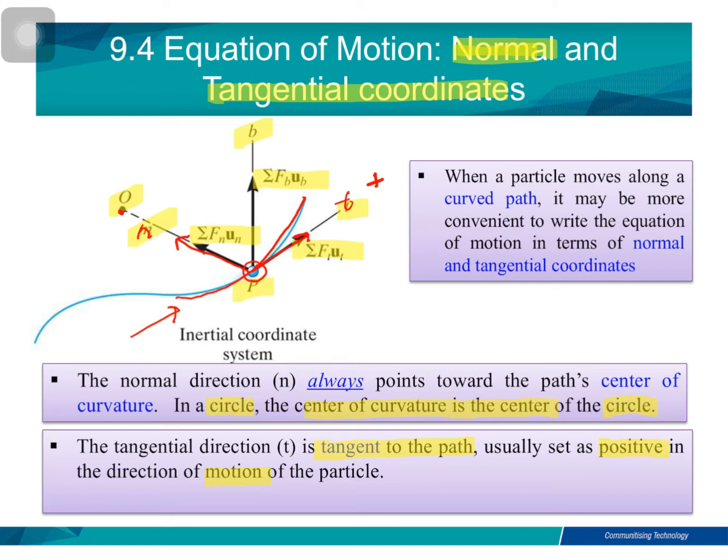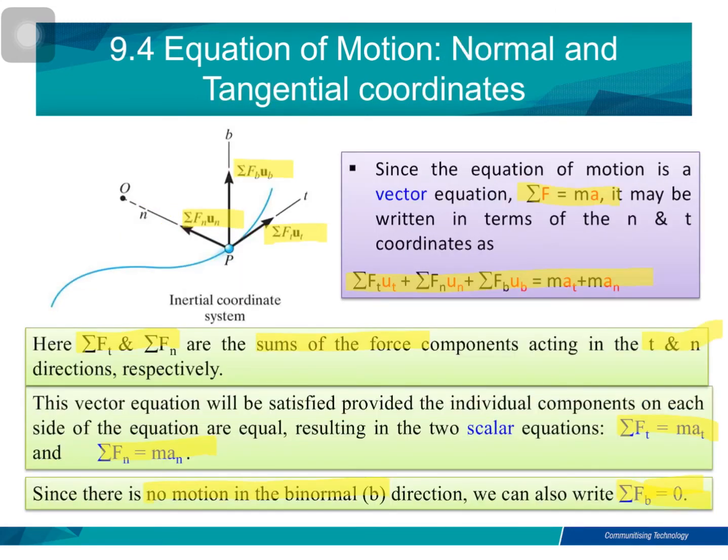When we have the tangent here and normal here, in between that, we have the binormal. So we have the equations here: summation of F tangent equals m a tangent, summation of F b equals m a b, and summation of F normal equals m a normal. Since the equation of motion is summation F equals ma, we can write it in terms of normal and tangent.